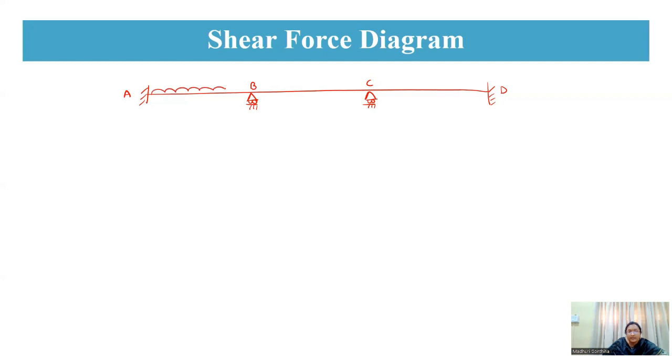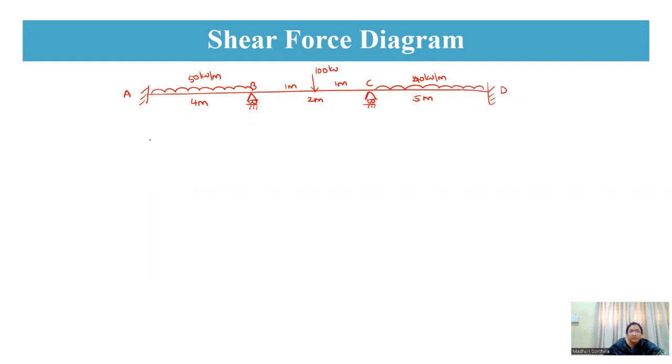For AB span, it is a UDL of 50 kilonewton per meter, which is of 4 meters. And for BC span, it is 100 kilonewton, with 1 meter, 1 meter, so it is 2 meters. Again for CD span, it is 40 kilonewton per meter, and it is of 5 meters.